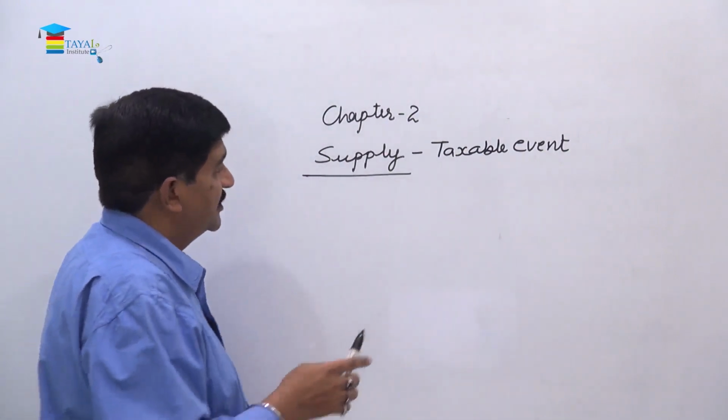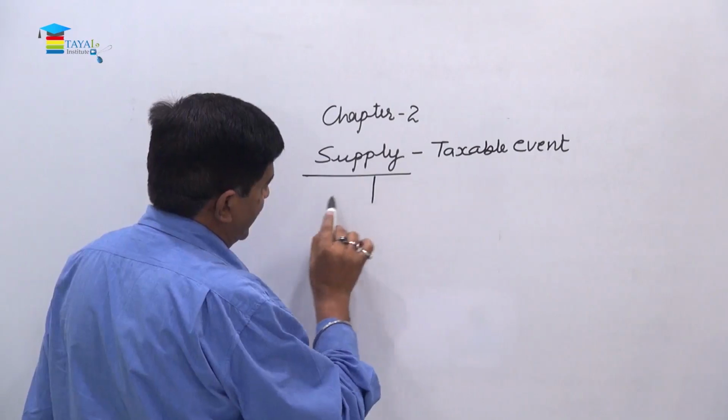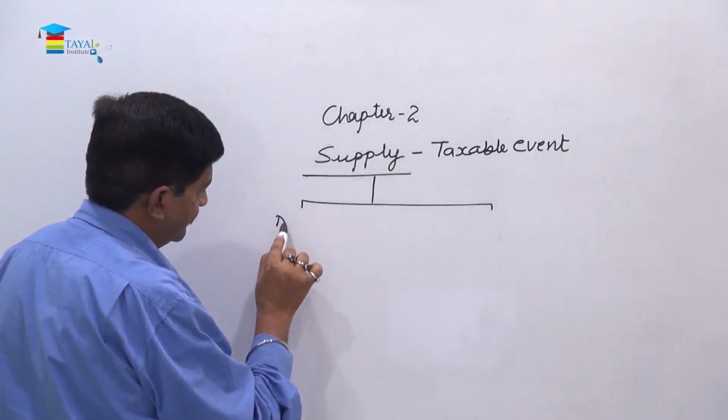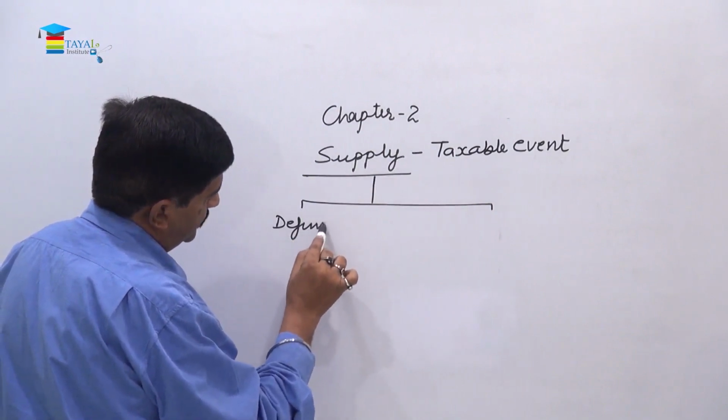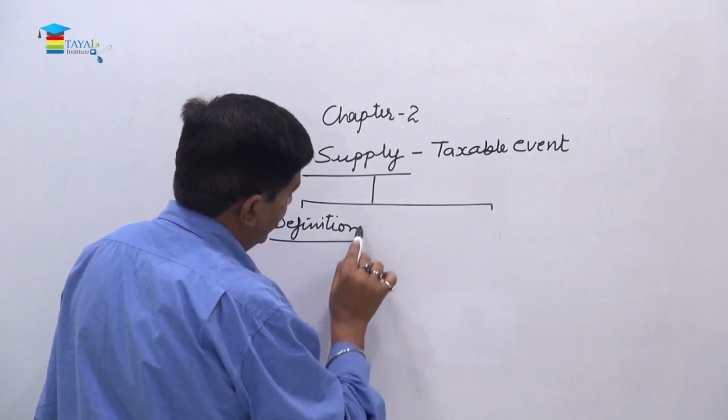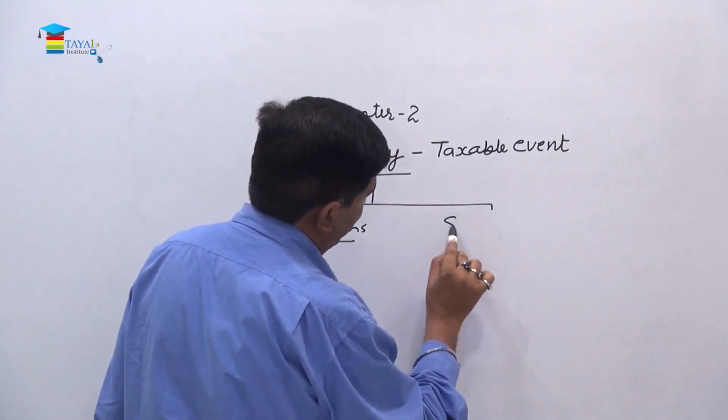In this chapter, mainly two parts are there. One is definitions. In total, if you look at GST, 120 plus definitions are there, and then the term supply is explained.